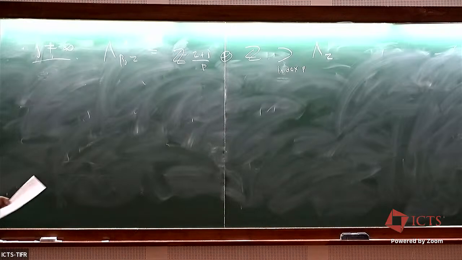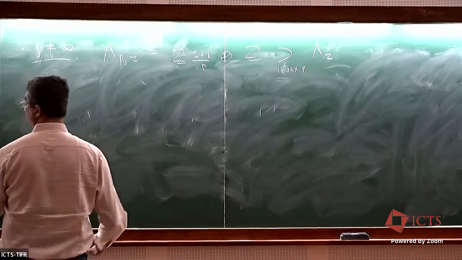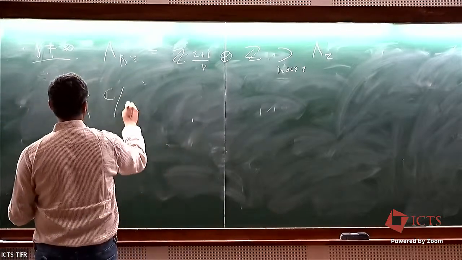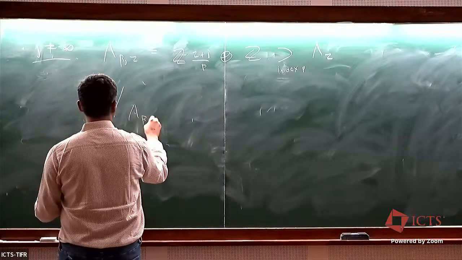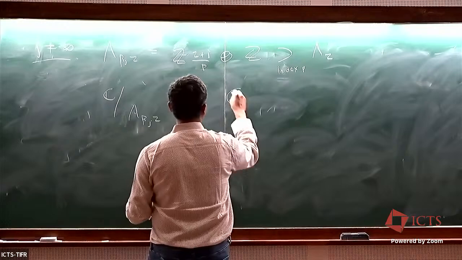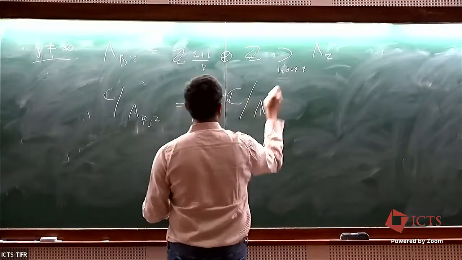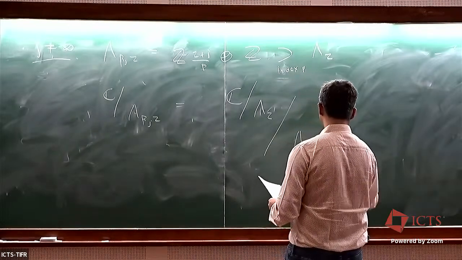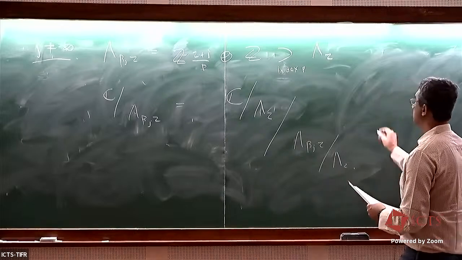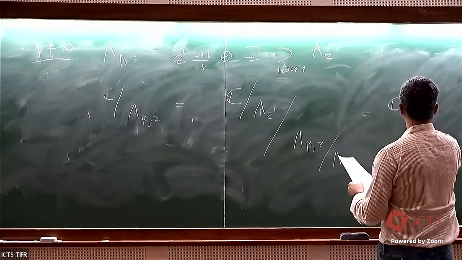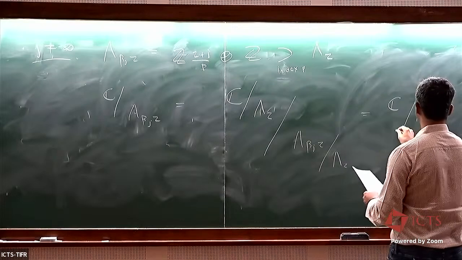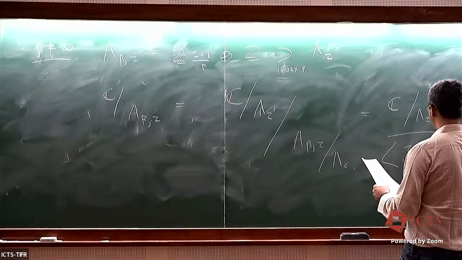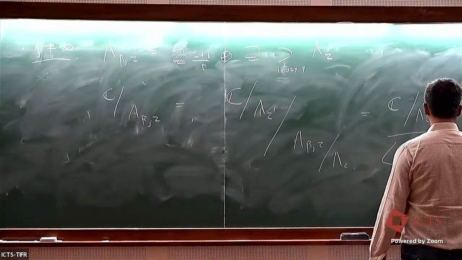So let's rewrite this object using this fact. Let's write C mod lambda beta_j tau as, this is the main trick, C mod lambda tau, modulo, by the third isomorphism theorem, lambda beta_j tau mod lambda tau. I'm writing all the steps here. That is the cyclic subgroup generated by tau plus j over p plus lambda tau.